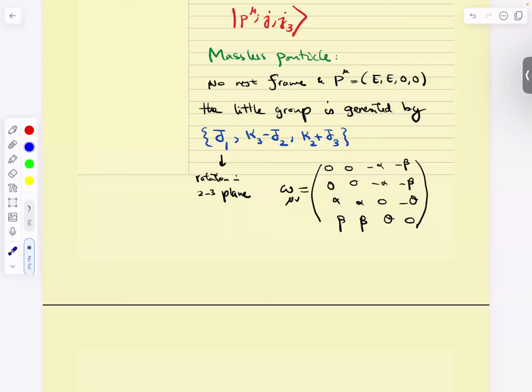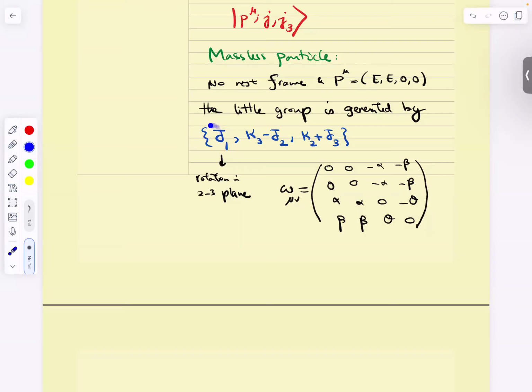So if you're asking what is the little group of this, well, it's obvious that rotations in the 2-3 direction is in the little group. So that's J1, because remember, for rotation in the 2-3 direction, we said that generated is J23. Then we use this epsilon tensor to label it by the direction that is fixed under the rotation.